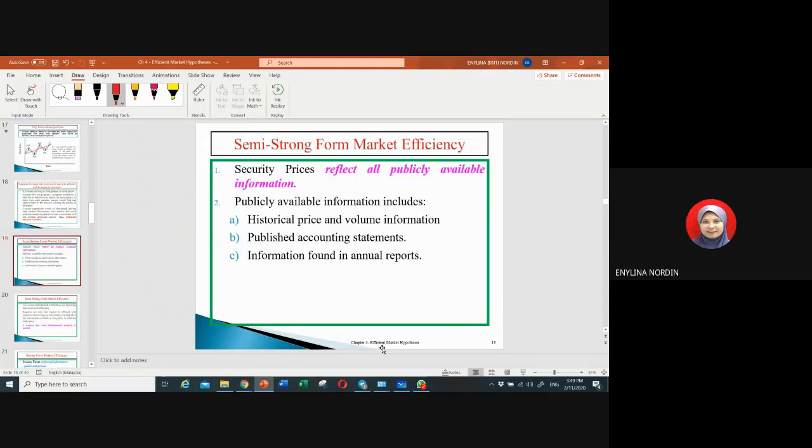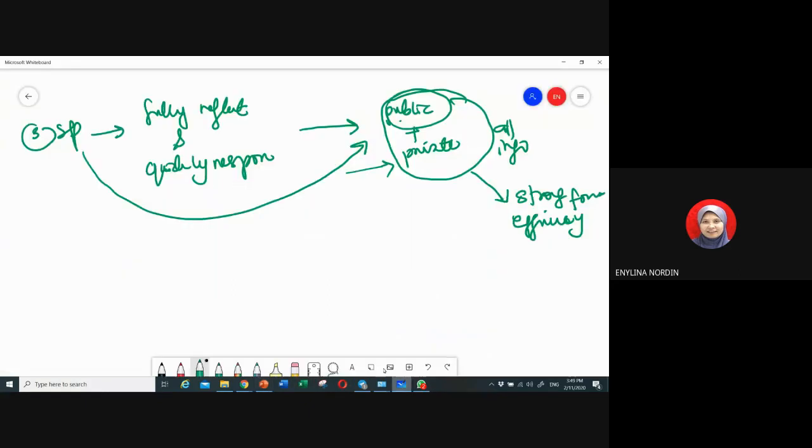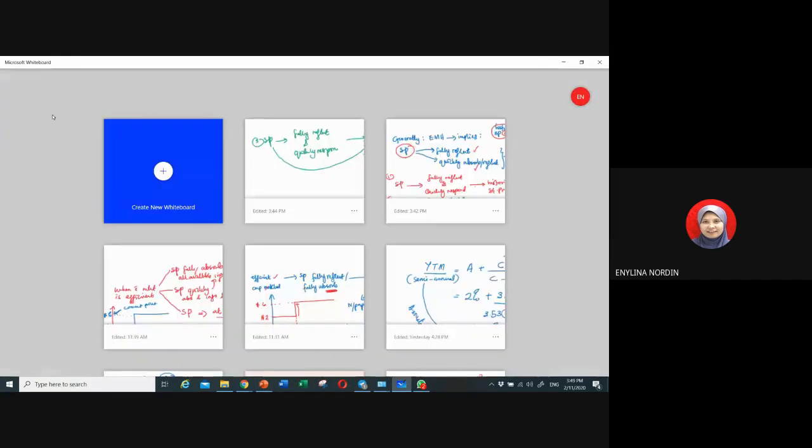Now we go to the semi-strong form market efficiency. Semi-strong market efficiency is where stock prices or security prices quickly reflect all publicly available information. This is what I mentioned just now on the whiteboard.